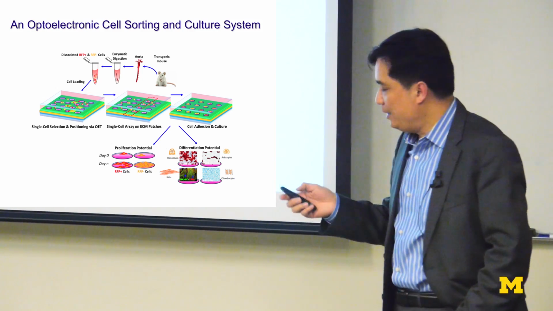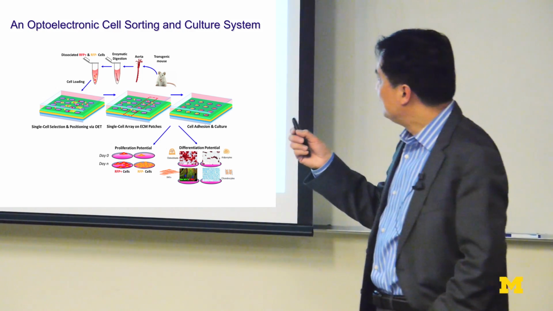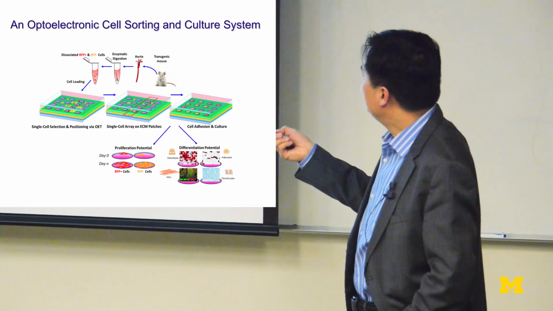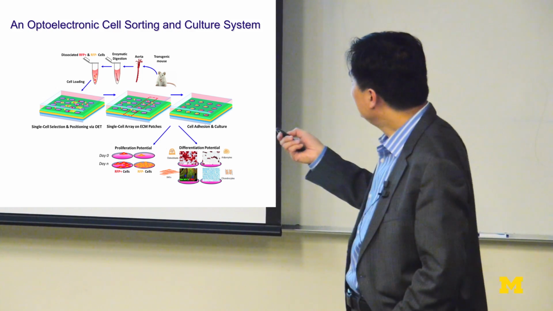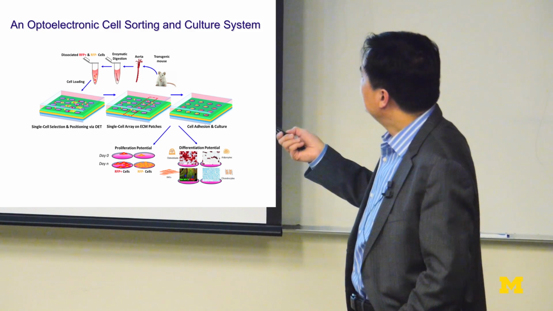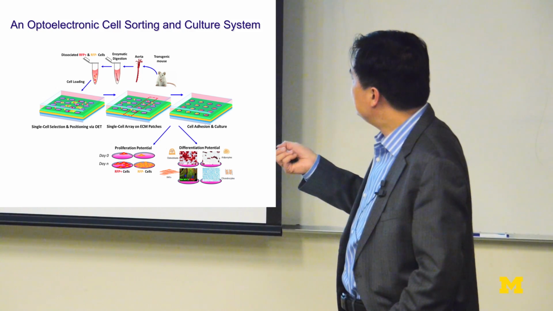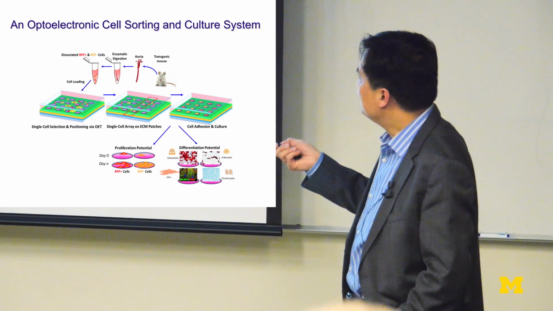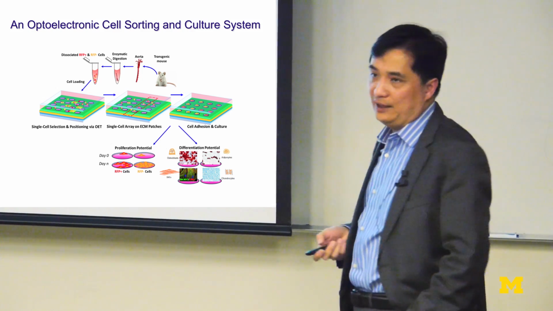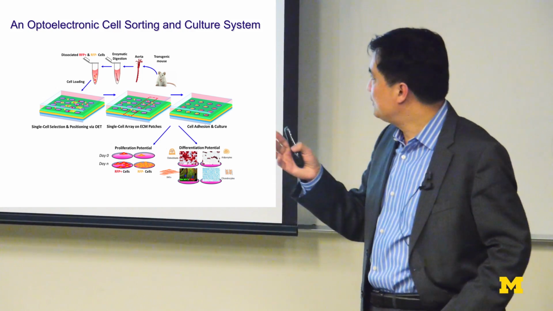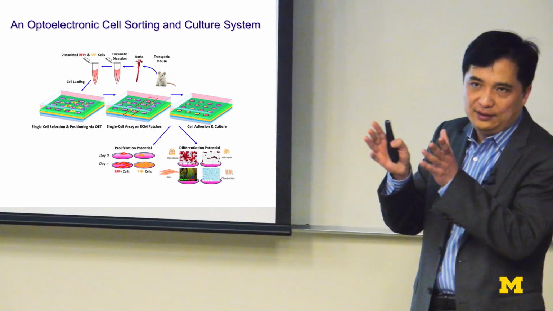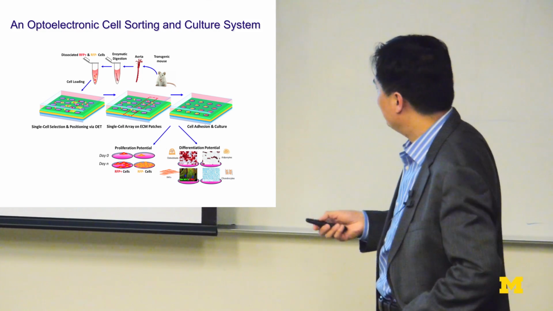In this case, we did a single cell analysis. If you take the artery from mouse, rats, or even human tissues, and then use enzyme digestion to isolate single cells, and you culture them on single islands of extracellular matrix, and see how the cells expand, we can distinguish the effect of vascular stem cells and smooth muscle cells.